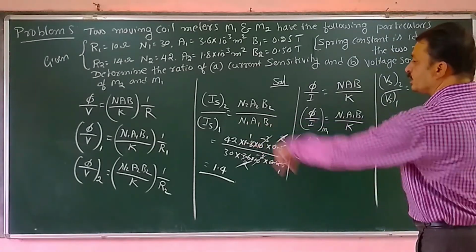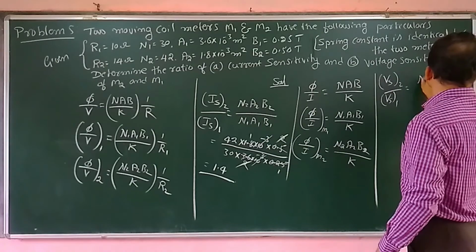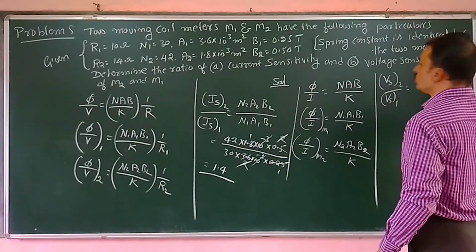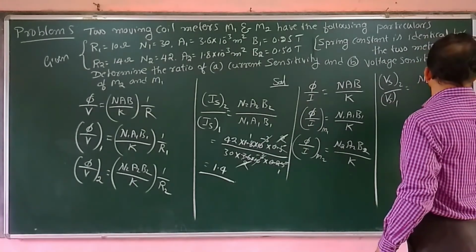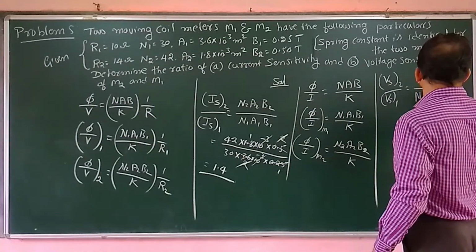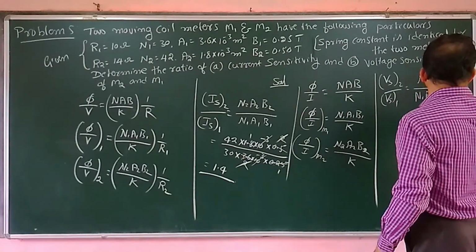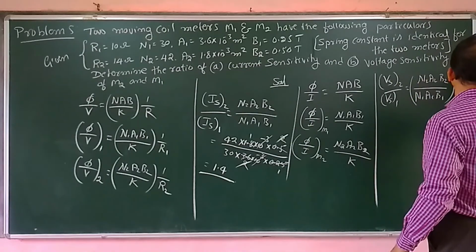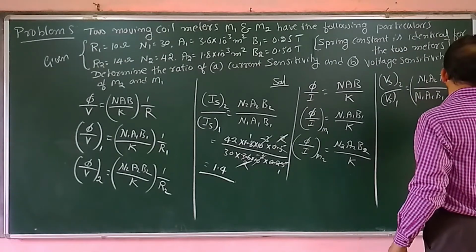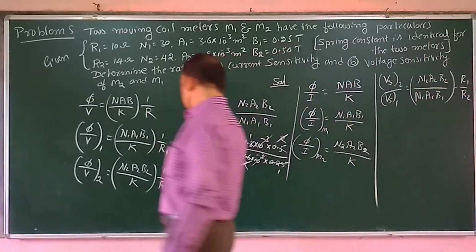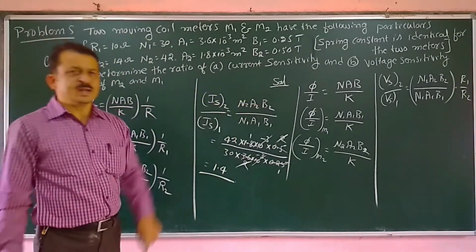Taking the ratio, K cancels there. I am getting N2 A2 B2 divided by N1 A1 B1 into R1 by R2.